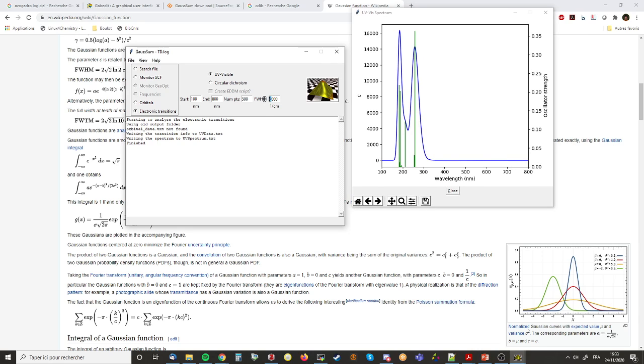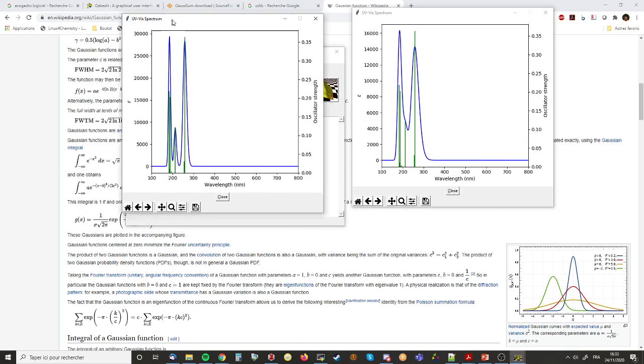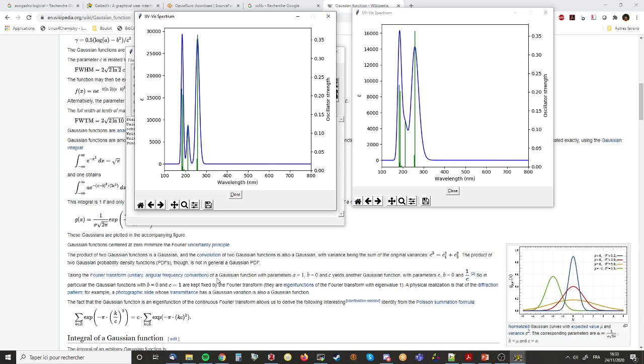Okay, and 3000. So here you have the same computed data, but this is computed with 3000 wave number as the full width at half maximum, when here it's 6000. So depending on your experimental data, maybe 3000 is too narrow, or maybe 6000 is too wide, depending.